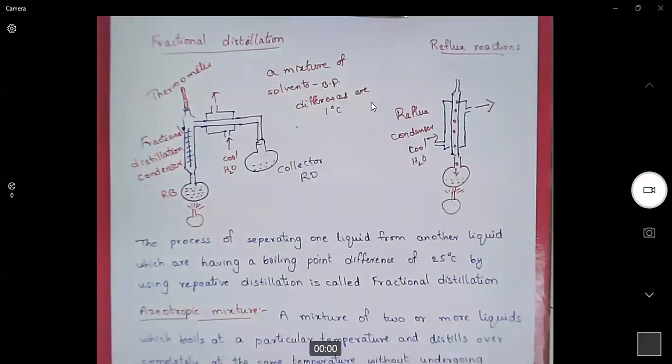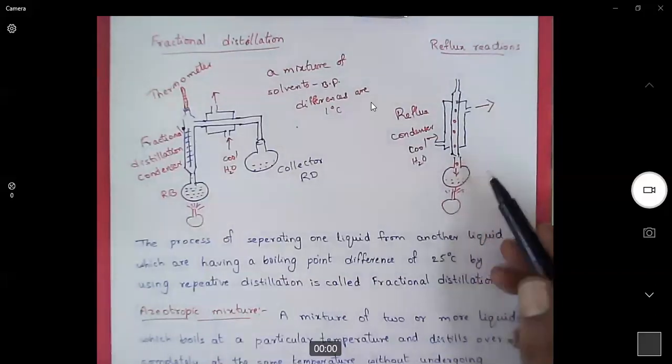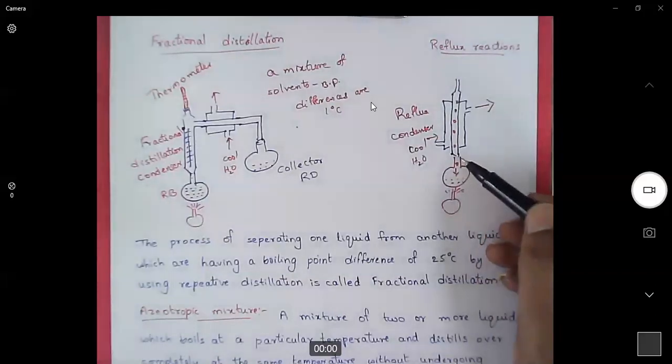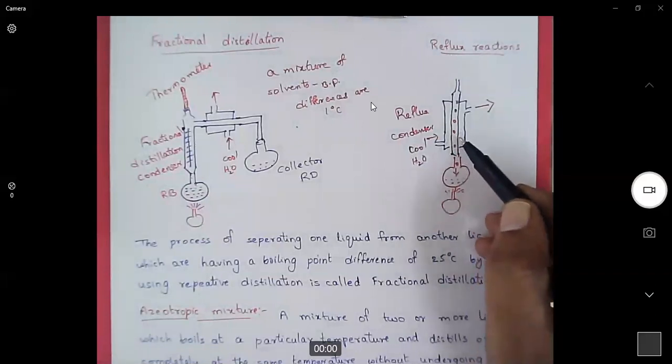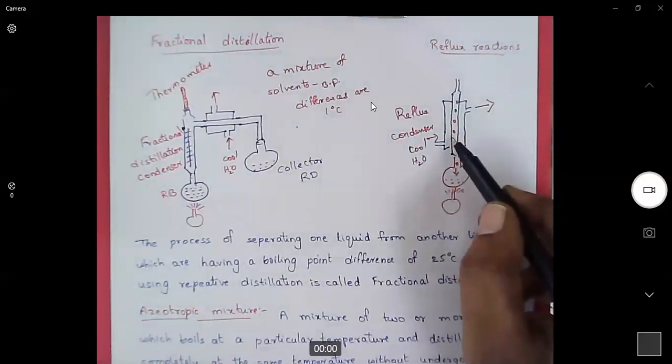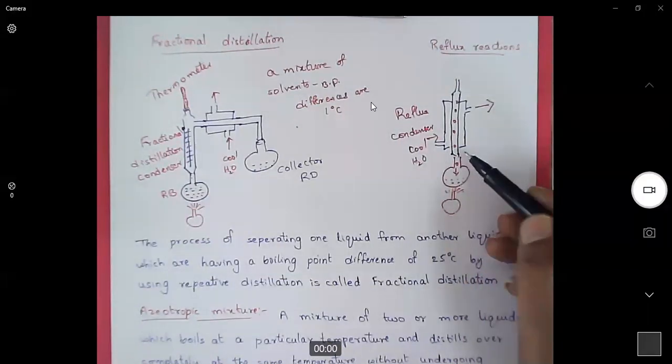Now the fourth one, the reflux condenser, is used to minimize the loss of solvent due to evaporation. So it is just used to minimize the loss of solvent. It is not a purification technique. It is used in organic reactions.